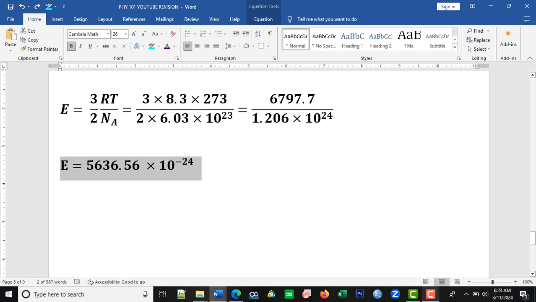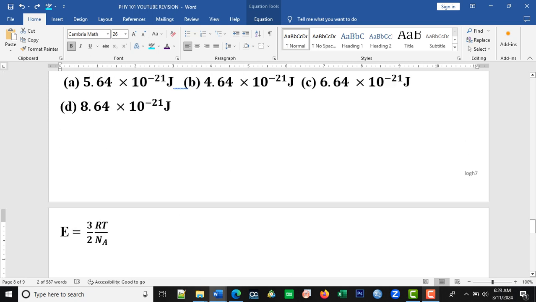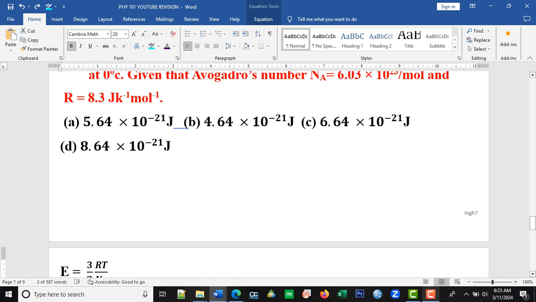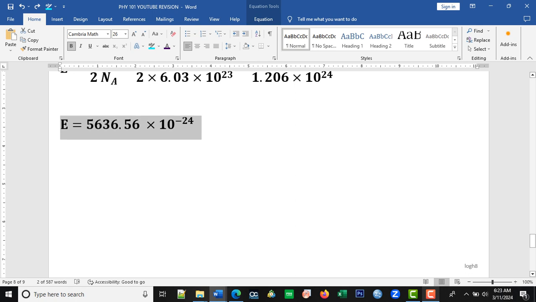And then if you look at the options here in joules, we don't have the index 23, but we can still approximate this. Convert this to standard form. We'll have 5.3.